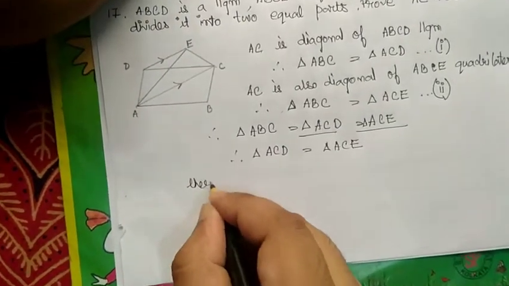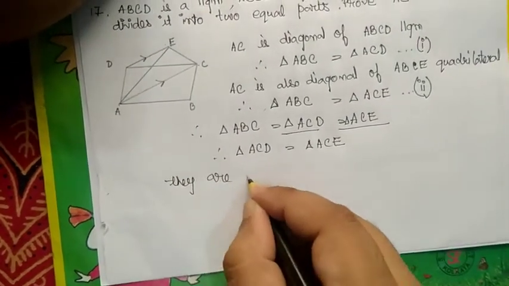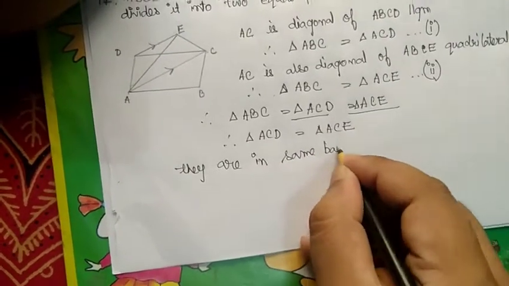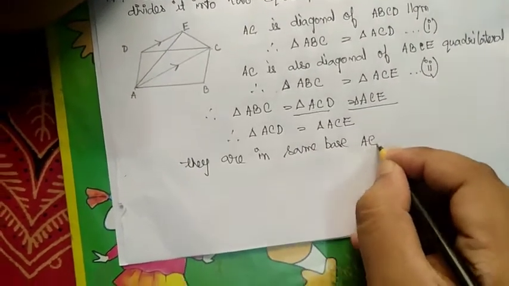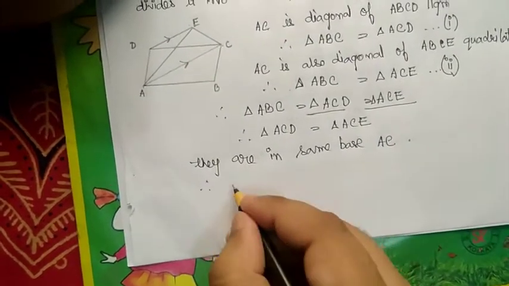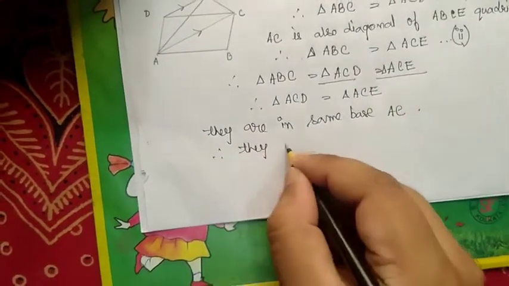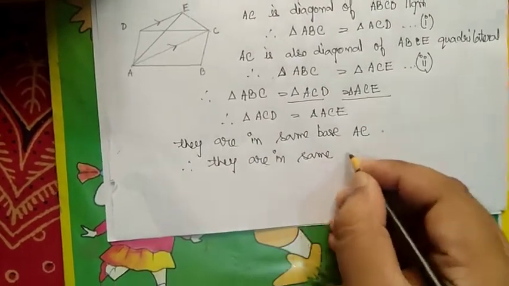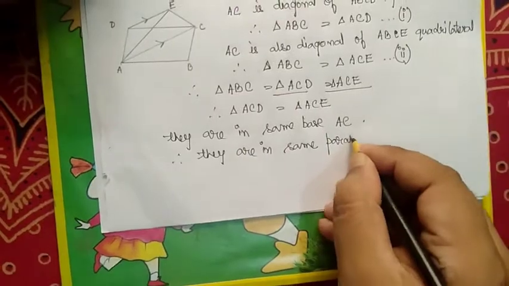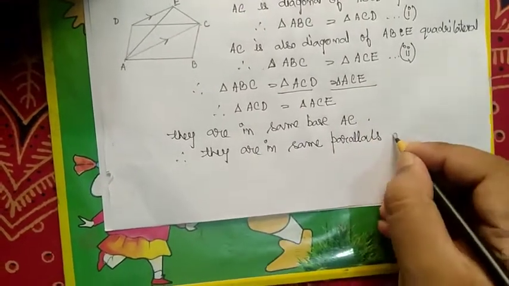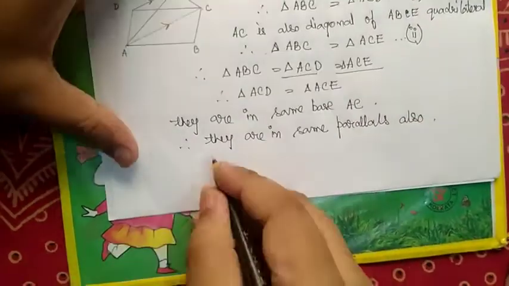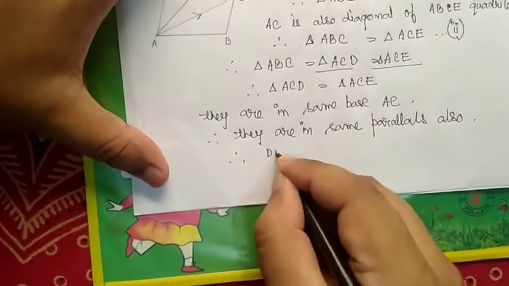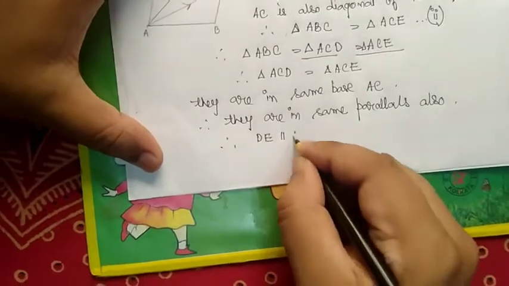They are on the same base AC. So therefore they are in the same parallels also. So we can say that DE parallel to AC. So this is the proof.